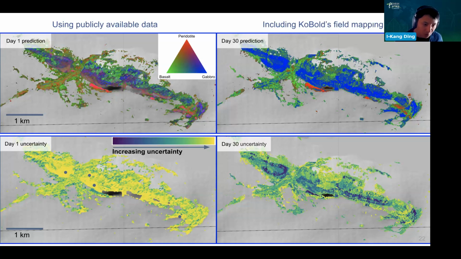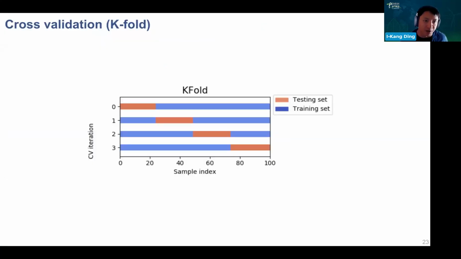So I want to show you what the model performance looks like, but before I go there, I want to take a brief detour to describe our cross-validation methodology, because that might not be obvious to those who are not working with geospatial data. So cross-validation is a technique that is used in many model assessment and selection tasks.